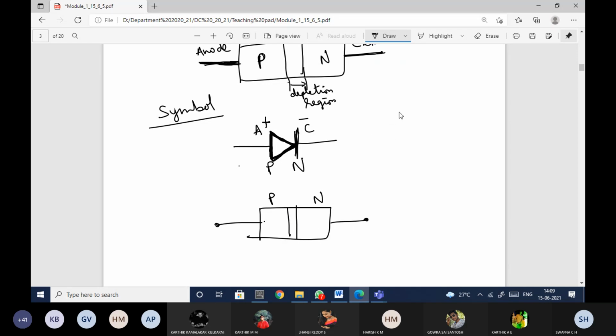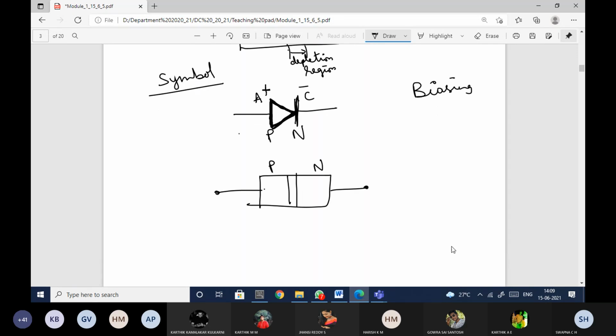Providing an additional electric field is said to be biasing. So I need to provide an additional electric field so that this diode will conduct. I have two different ways of giving the connections.